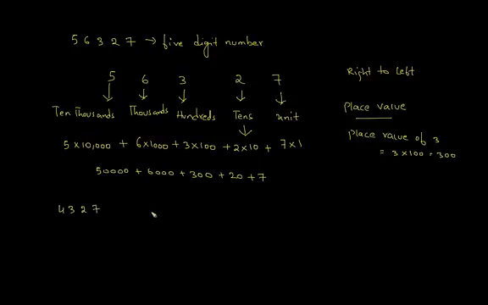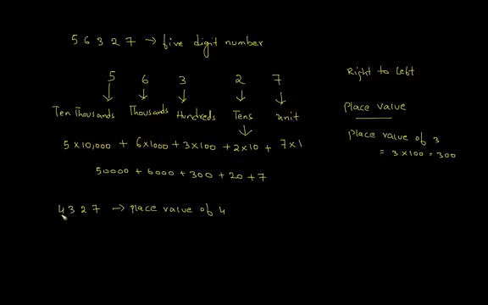4327, right? 4327. What is the place value of 4? We need to compare from right to left. Unit, tens, hundreds, thousand.